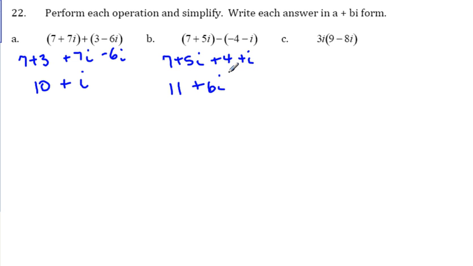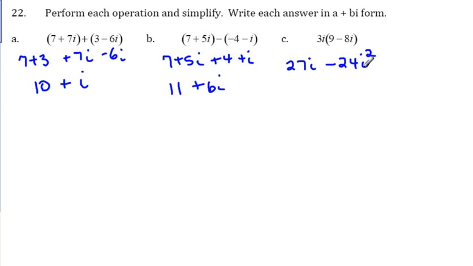Okay, on C, I have to distribute 3i to the things inside the parentheses, so I have 3i times 9, which is 27i, and then 3i times negative 8i, which is minus 24i squared. So this certainly does not look like this form, so I have to figure out what to do with that. 27i is probably going to come over to the right, and I have to look at negative 24i squared.